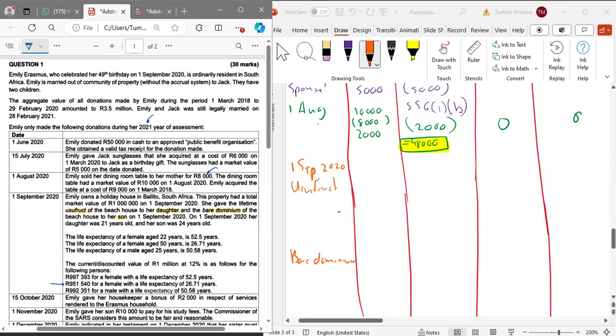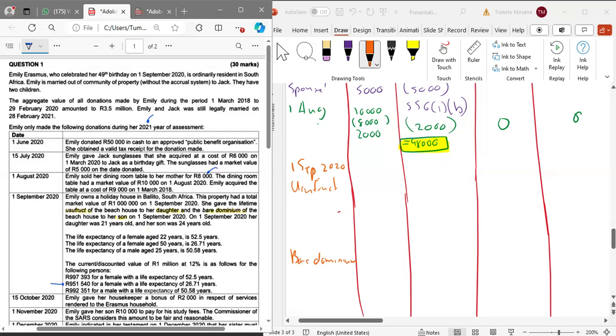Okay. Now let's reflect. We are using the lower of, right? Think of it again. Why are you using the 26.71? Actually, my formula says that when it comes to life expectancy, I must use the lower of the donor or the enjoyment.